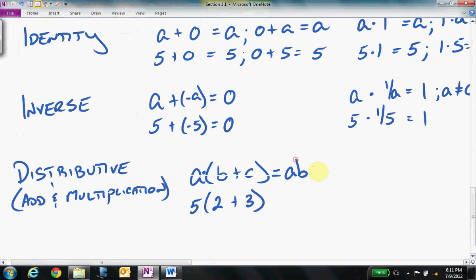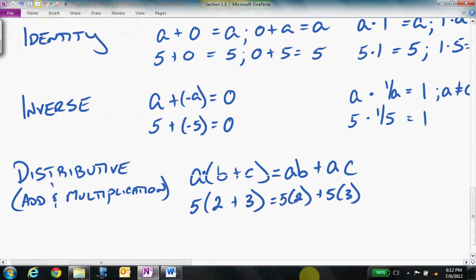So this is equivalent to a times b plus a times c. So I can substitute those values and say 5 times 2 plus 5 times 3. So we can see the distributive property here.